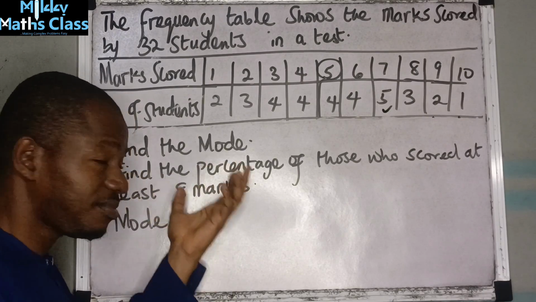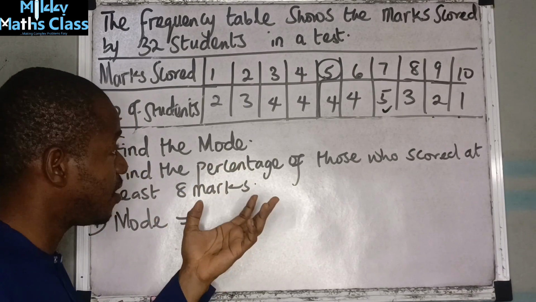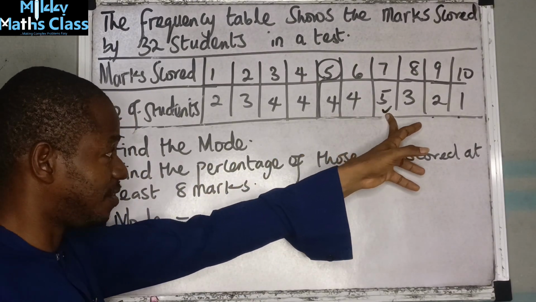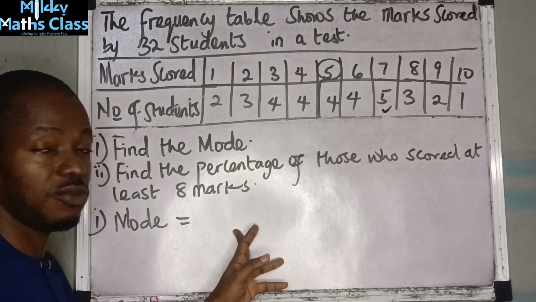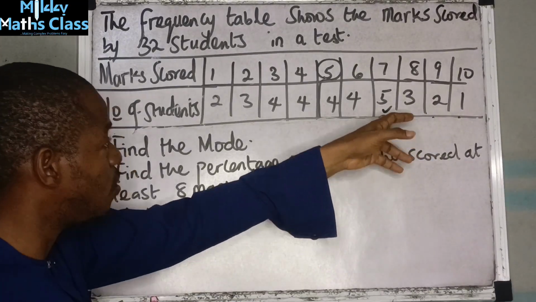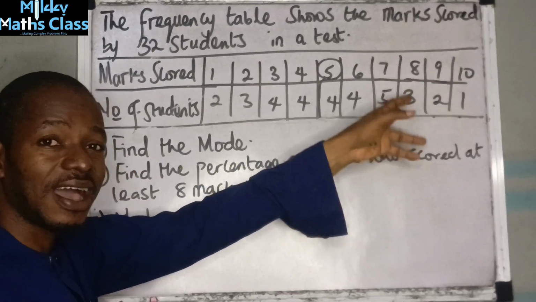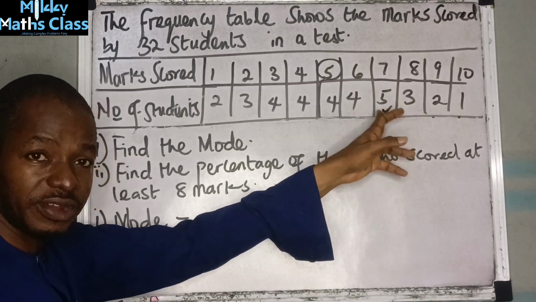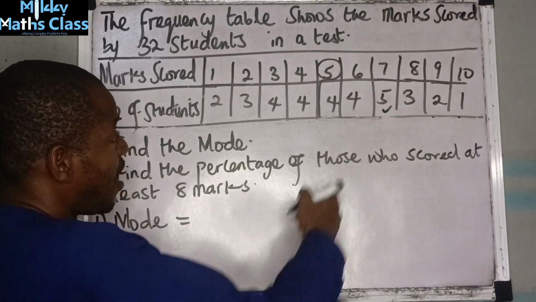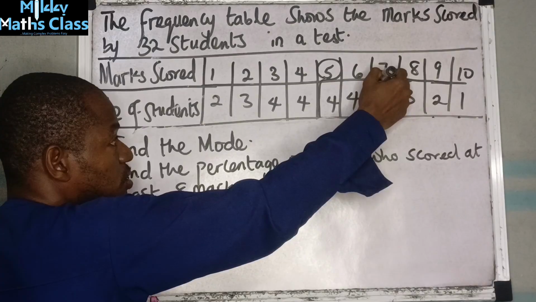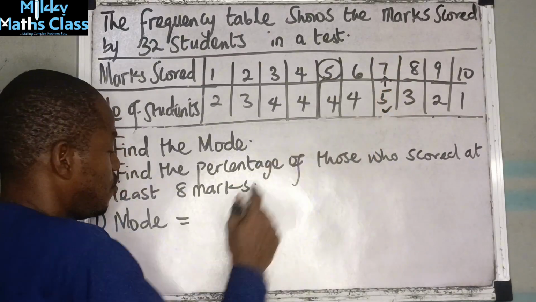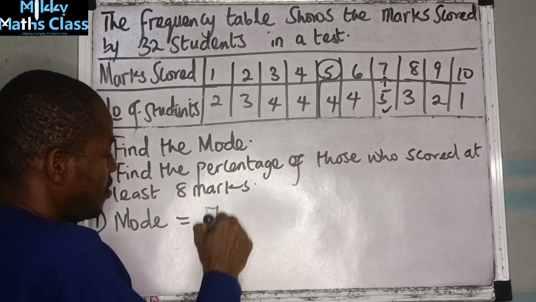Sometimes students make this mistake where after identifying the frequency, they put it as the mode. No, you go and look for the mark or the score that had 5 people scoring it, or that had 5 as the frequency. So we'll go up. That's 7. So the modal mark is 7.